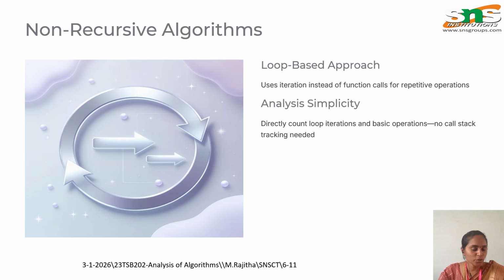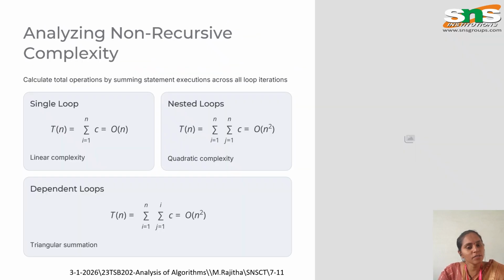Non-recursive algorithms are usually easier to analyze because we can directly count loop iterations. Analyzing non-recursive complexity: a single loop that runs n times has time complexity O(n). A nested loop, one loop inside another, has time complexity O(n squared). Dependent loops, where loop bounds depend on each other, use triangular summation. This method is simpler compared to recurrence relations because it does not involve function calls.